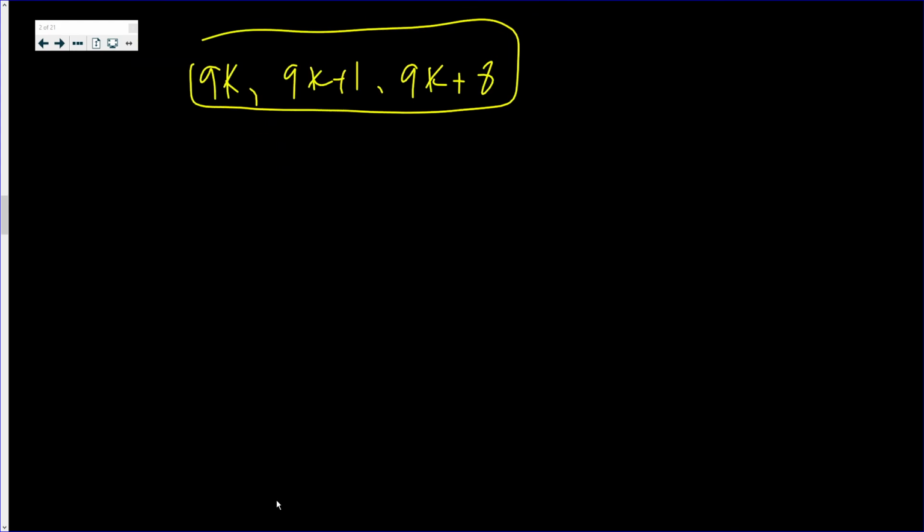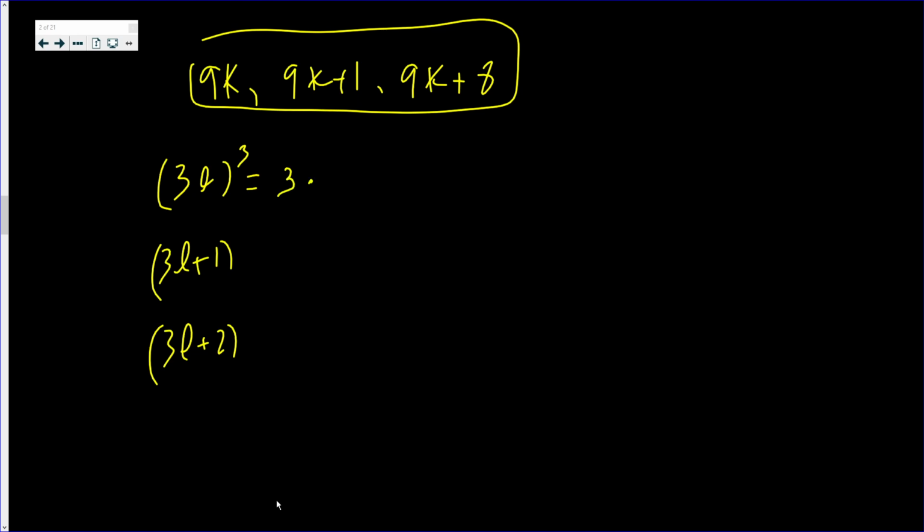But we don't need to, because, let me call these L's, if you cube 3L or 3L plus 1 or 3L plus 2, you're going to get multiples of 9 plus a remainder. This here is 9, which is 3 squared, times another 3 times L cubed: 27L cubed. This is in the form of 9k.